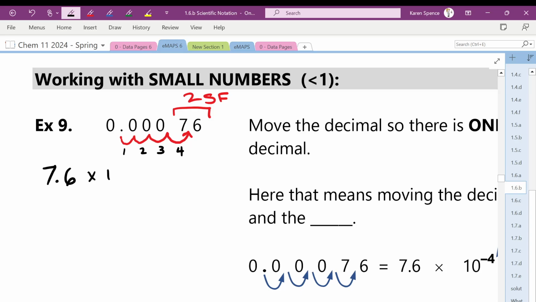So it's going to be times 10 to the 4, yes. And because this number is less than 1, our exponent will be negative. So it's going to be 10 to the negative 4.